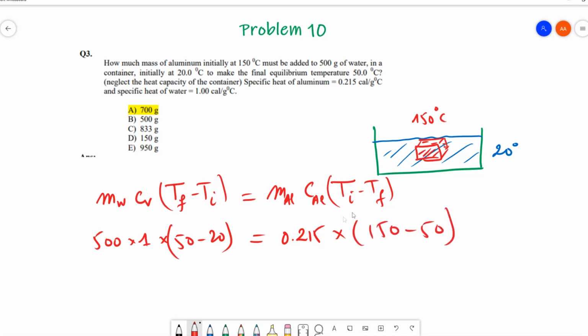So the temperature initial is 150 minus the final. Here is the aluminum capacity, it's this one. I have just one variable here. Some math will give me the value of M aluminum, 700 grams.